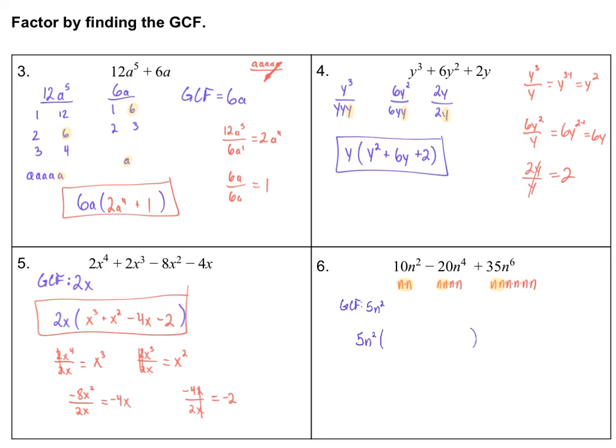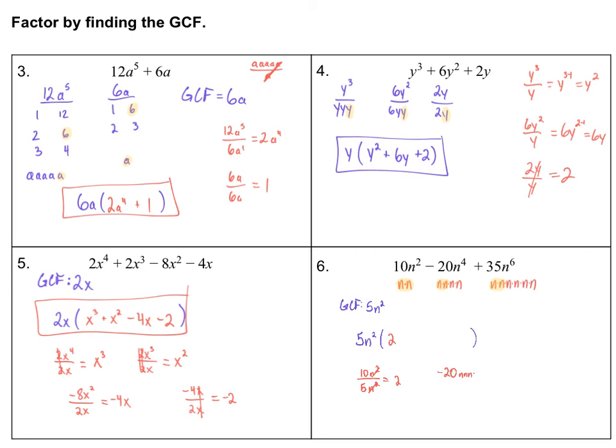And again, reminder, factoring out is kind of like dividing. It's the opposite of distributing. So 10n squared divided by 5n squared. Well, the n squared over n squared will cancel. 10 divided by 5 is just 2. So let's move on to the negative 20n to the fourth.